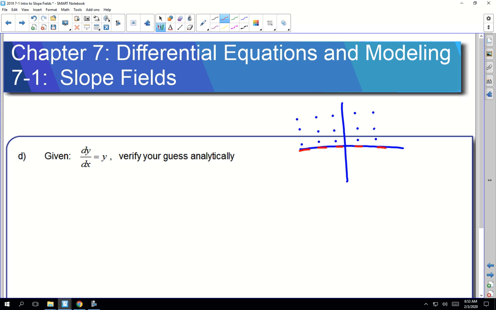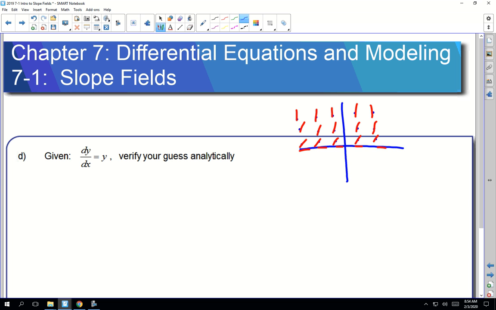Then when I have y equals 1, it's going to be a bunch of lines like that. And then 2, it's going to be like this. So when you're graphing one that just has a y in it, horizontally they're all the same. And it gets even steeper up here. So there's the top half of it.